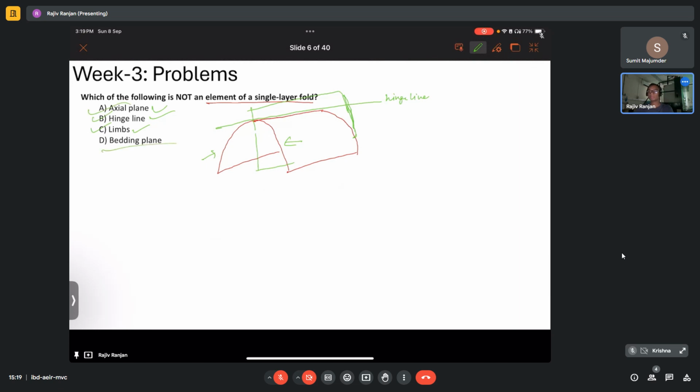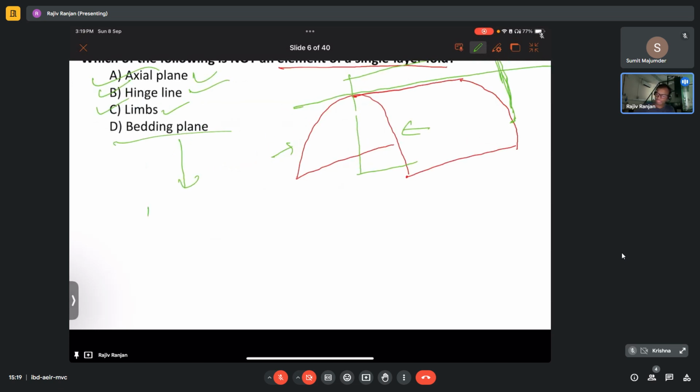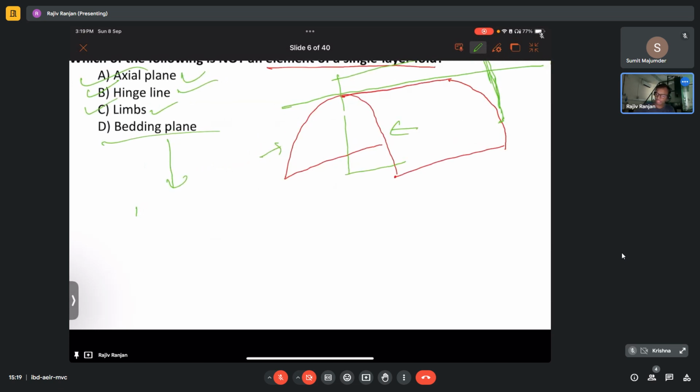Bedding plane. Bedding plane is not an element of folding. Why? Because folds are the results of bending of a bedding plane, right?